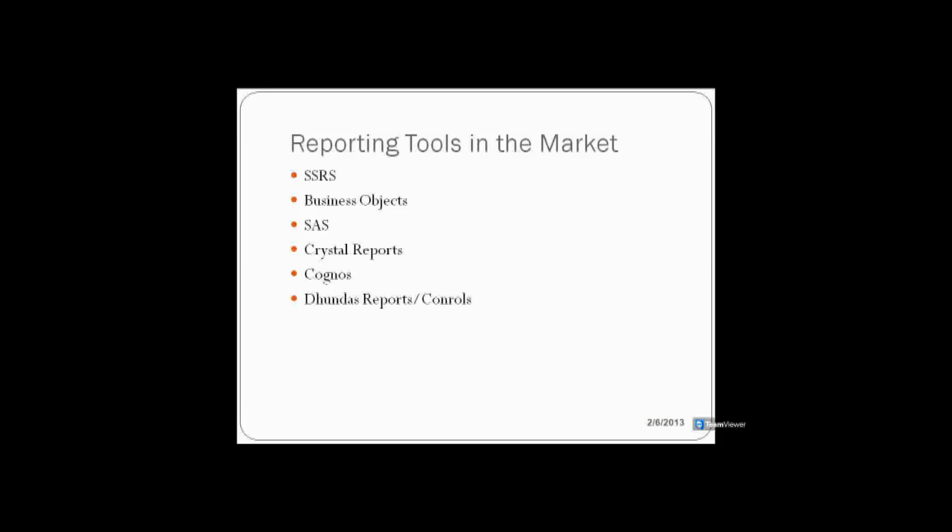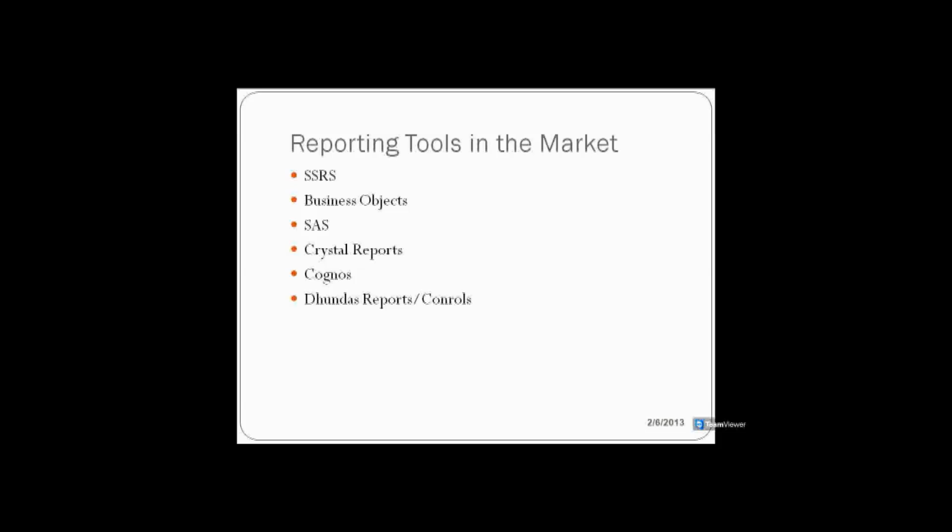SSRS will include Dundas controls or Dundas reports, so that the report is very clear, and you can also have 3D reports. In order to create 3D reports, you need to have the hardware, also 3D hardware. It has to support 3D reports, right? Otherwise, you cannot see them. If you take a 3D report and play it in 2D, then definitely the effects will not be seen.